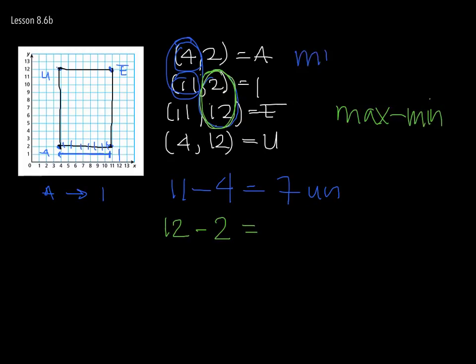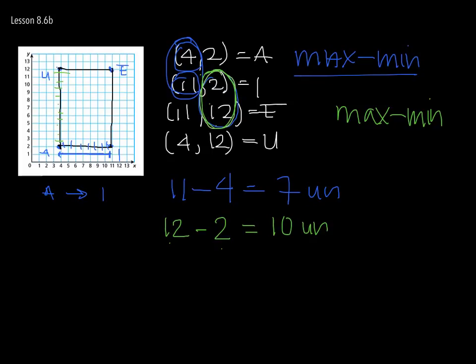Max minus min. And that's going to give us our range, or our distance. So 12 less 2 is going to give us 10 units. And just to check, we can count 1, 2, 3, 4, 5, 6, 7, 8, 9, 10. Okay? And that's just one way to do that. Now, I can take this information and I can determine the area.